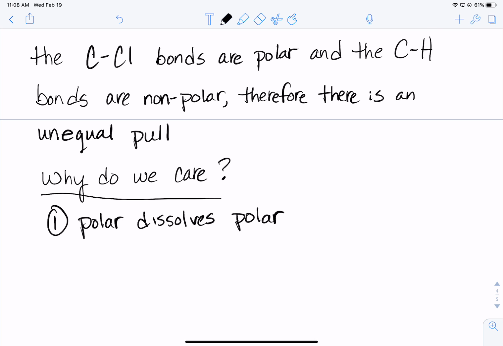So if I had water, by the way, I'm going to build you water really quickly. This is water. It's got two lone pairs right here.